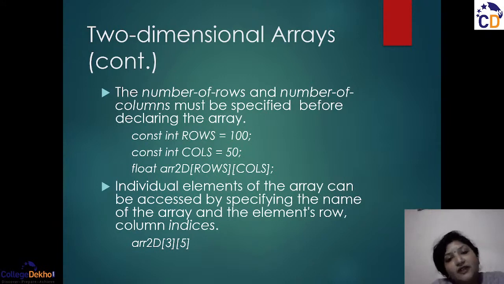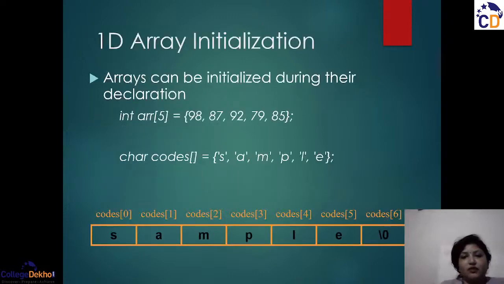Now, after this, I started with a single data structure, that is the array. I told you an array is a homogeneous collection of data. What do you mean by homogeneous? Let me tell you. In an array, that is ARR 5, are you able to see any character?